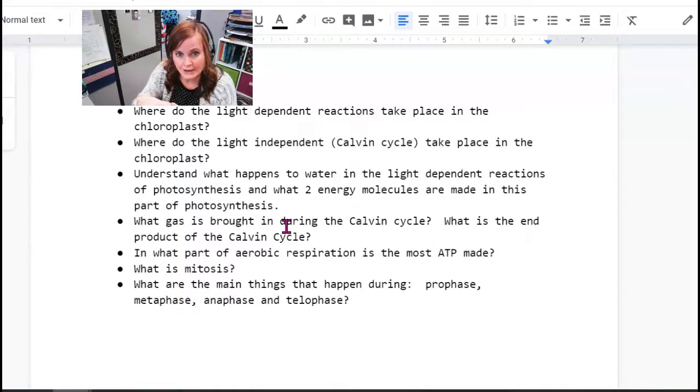Now in metaphase, they all get attached to those spindle fibers and line up at the middle of the cell. In anaphase, they start migrating to either end of the cell. In telophase, a new nuclear membrane forms in each of the 2 new cells, and then the end of telophase is actually cytokinesis, when the cell pinches into 2 different new cells.